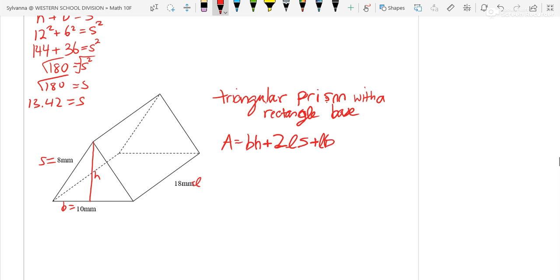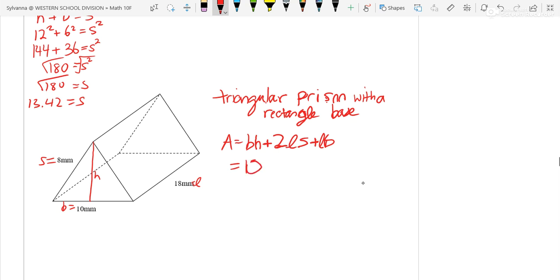So our base times height will give us the front face and the back face. Our side times length would give us the large rectangular side, and there's 2 of them, 1 on each side, so we multiply that one by 2. And the length times base, we only have 1 of that, which is our bottom, the base of the entire prism. So our base we found was 10.